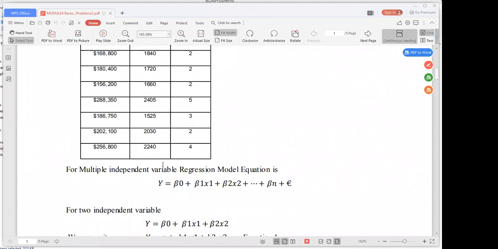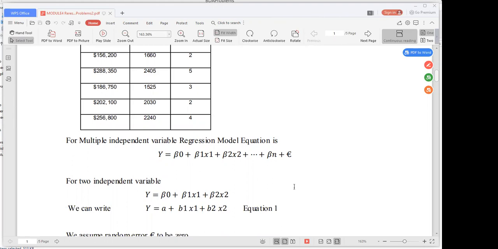For multiple independent variables, the regression model equation is y is equal to beta naught plus beta 1 x1 plus beta 2 x2 and so on till beta n xn, plus epsilon. Epsilon here we assume to be 0, theoretically.